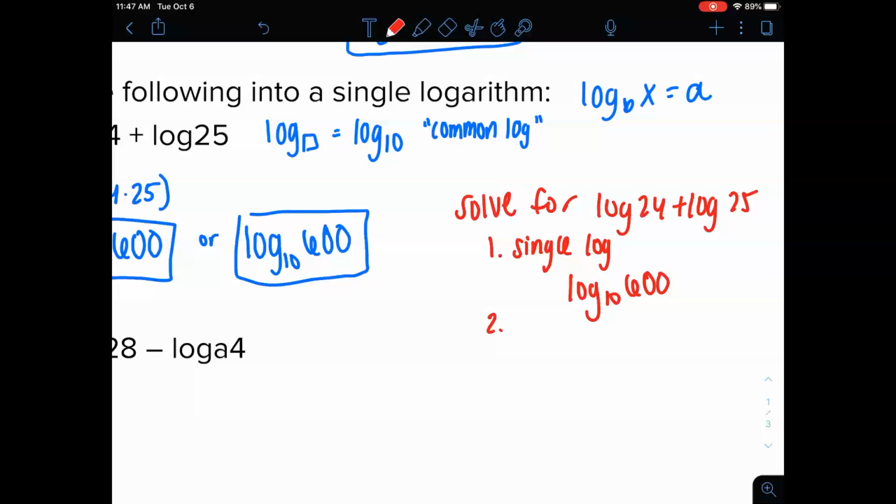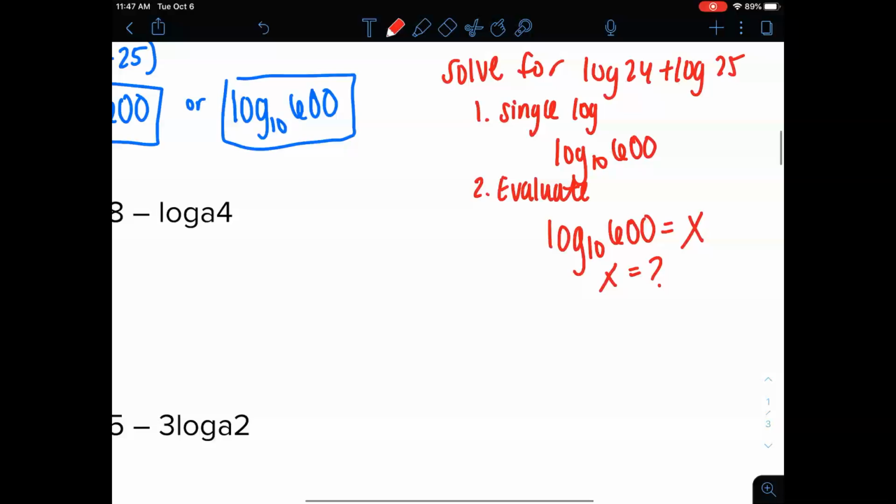Then step 2 would be to evaluate that expression, basically turning this into equals our x variable. And then we would solve for x by following the process of rewriting this into our exponential form. So 10 to the power of x is equal to 600.